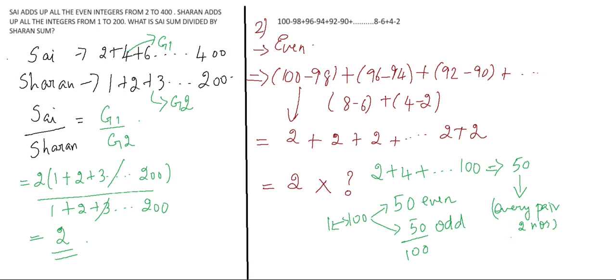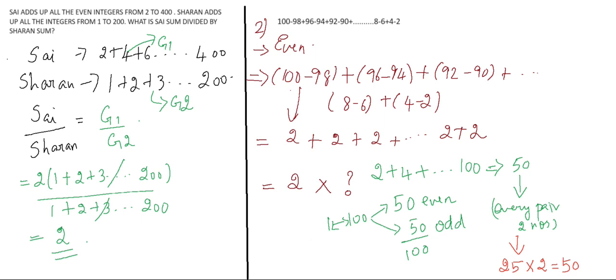Take a minute and try to guess the total number of pairs. Yes, the total number of pairs is 25. When you have 25 pairs, each pair having 2 numbers, the total is 50.